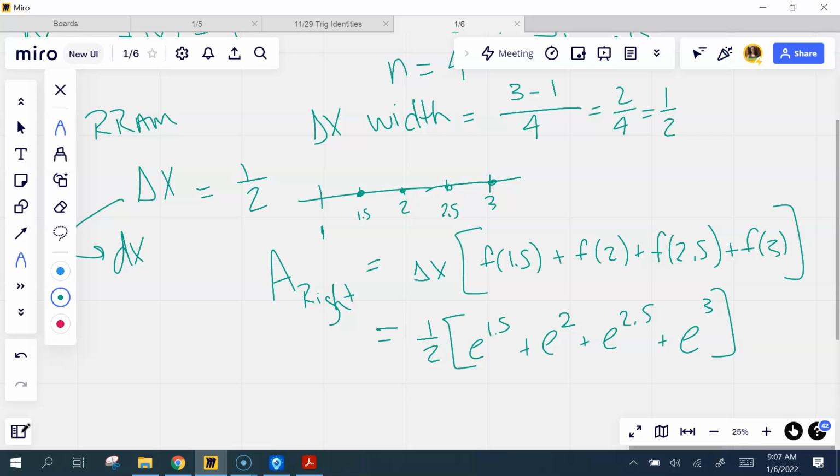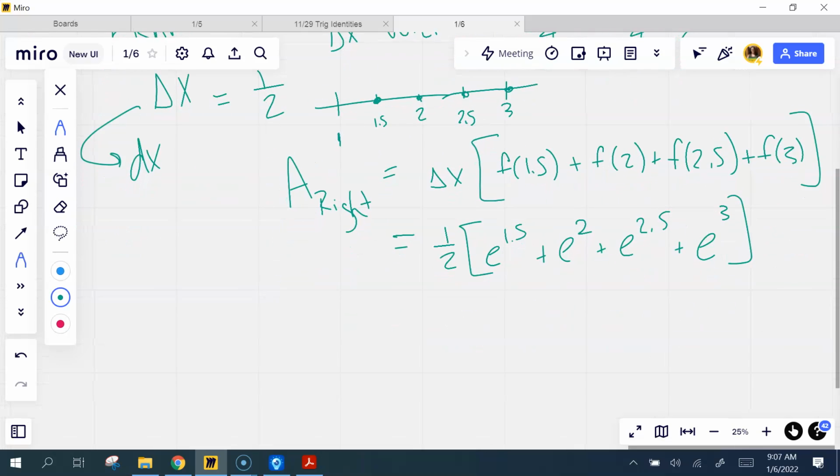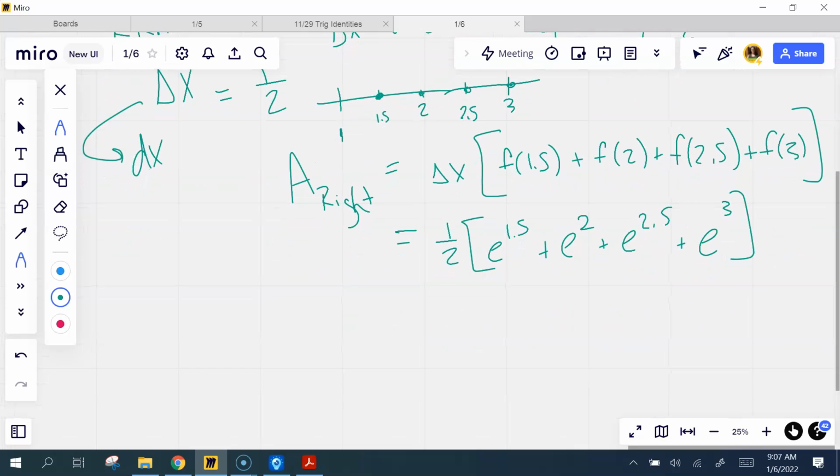Now, what I want you to see is how we use summation notation to write this. So I'm going to assume y'all don't remember summation notation, and let me just take a second to remind you of how we do this. We have this big capital sigma. That indicates that we are supposed to sum some things together.